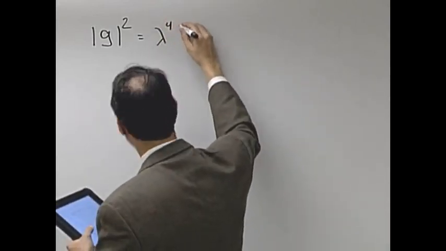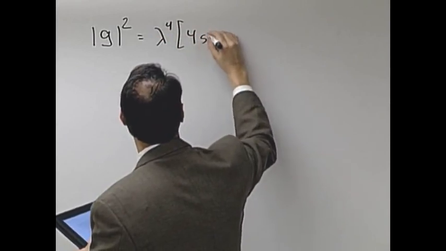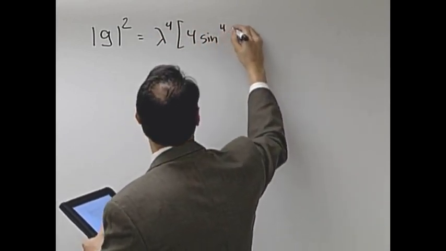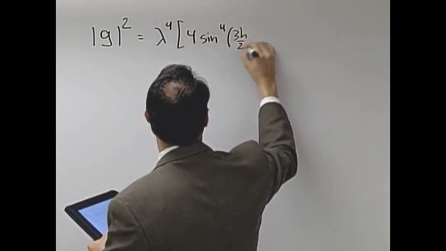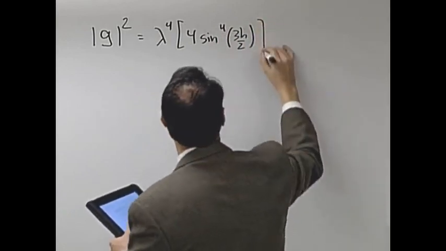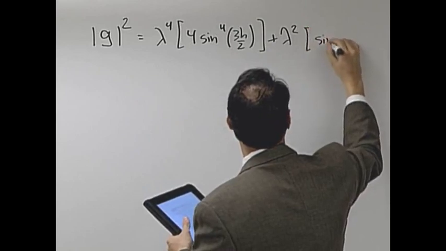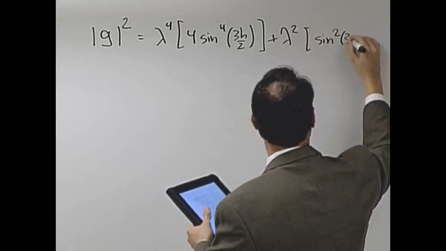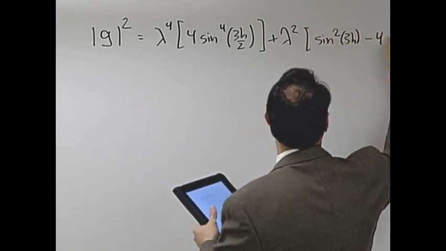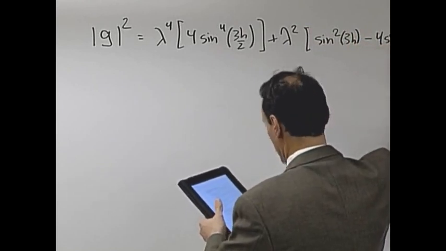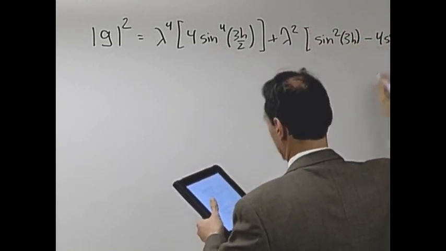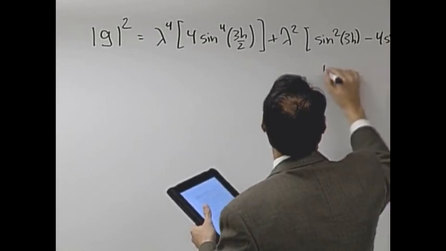Lambda to the 4th, 4 sine to the 4th of h zeta over 2, plus lambda squared times sine squared h zeta minus 4 sine squared h zeta over 2, plus 1.